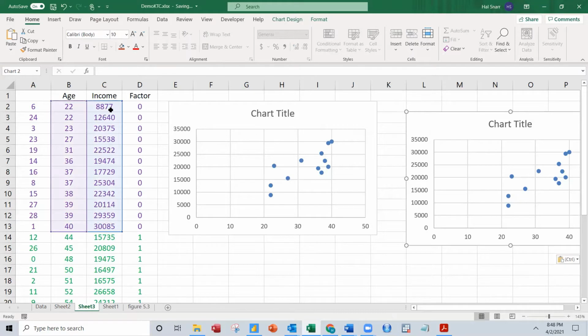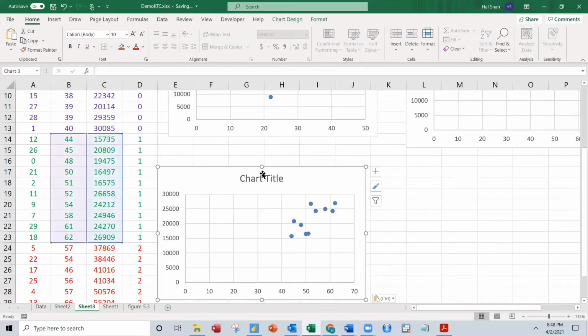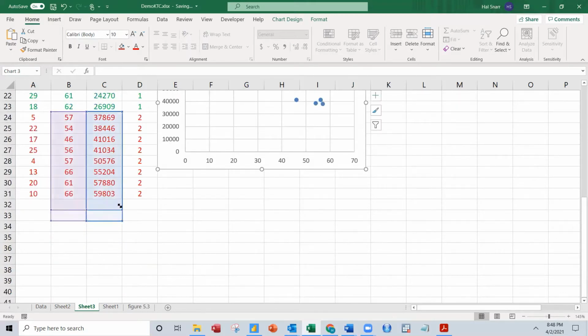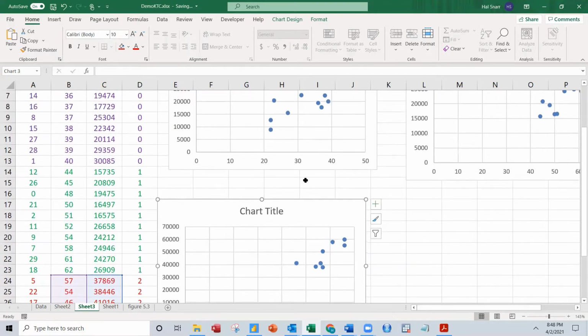Clicking on the edge of it, just pull this down so it just covers the green stuff. See that? And then copy it again and paste it here. Make sure you click on the edge and you can just pull it down to the red, right? You see that? Now check this out. All right, you guys ready to be amazed?